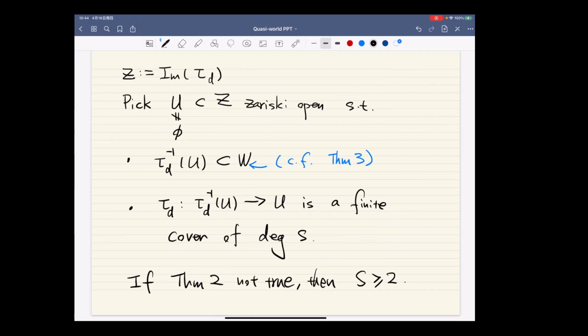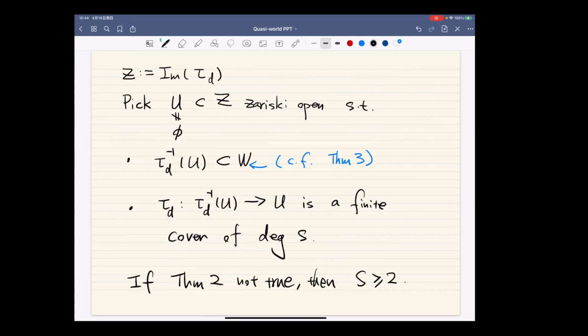And after shrinking this U, we can also ask that the restriction of tau D to the pre-image of U, this map from tau D minus 1 of U to U, is a finite cover of some degree S.